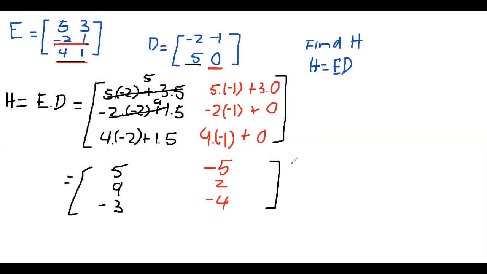And we are done. To make sure that we got the right answer, I'll go back and check on Khan Academy. Let's write down our answer: 5, 9, negative 3, negative 5, 2, and negative 4.